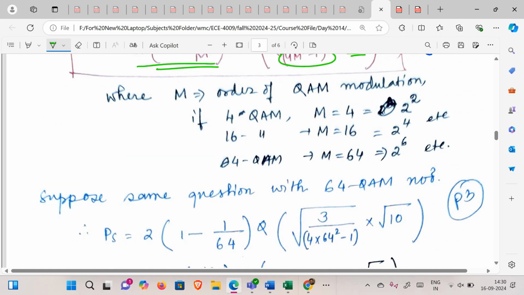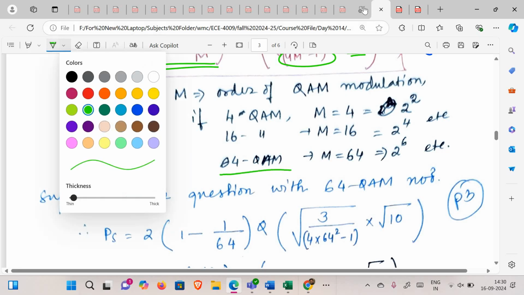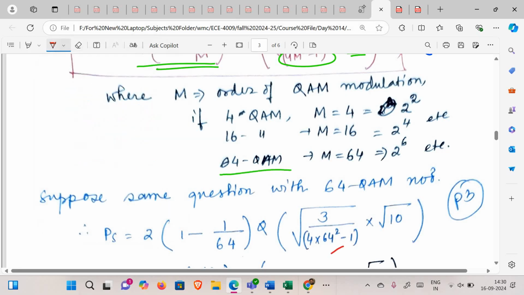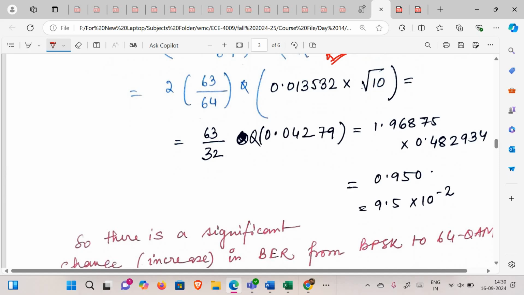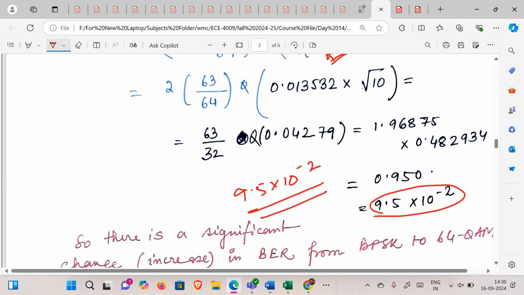Here we have different examples: QAM, 16 QAM, 64 QAM. I have taken 64 QAM as a reference. You can see here I have substituted m equals 64 and we went on calculating it, and you can understand here we are obtaining 9.5 into 10 to the power minus 2.